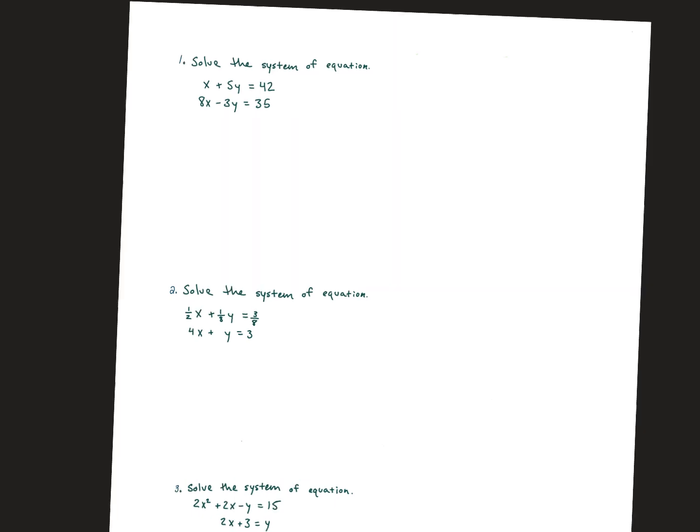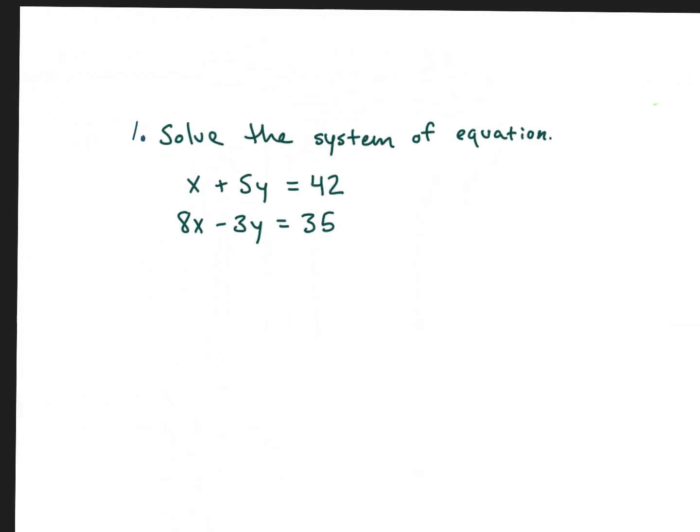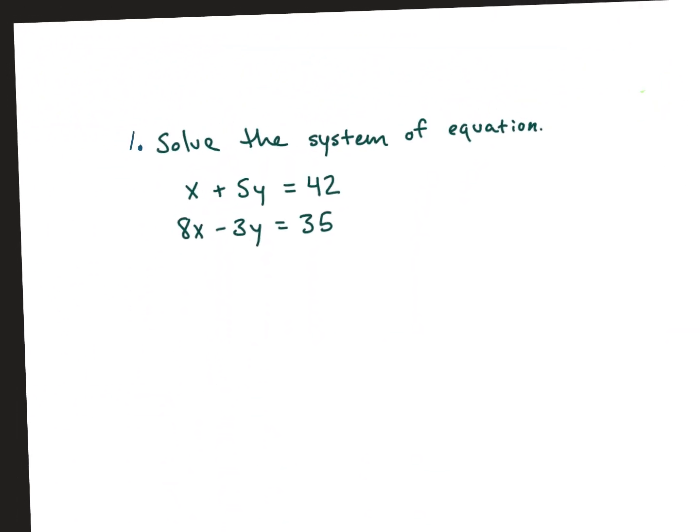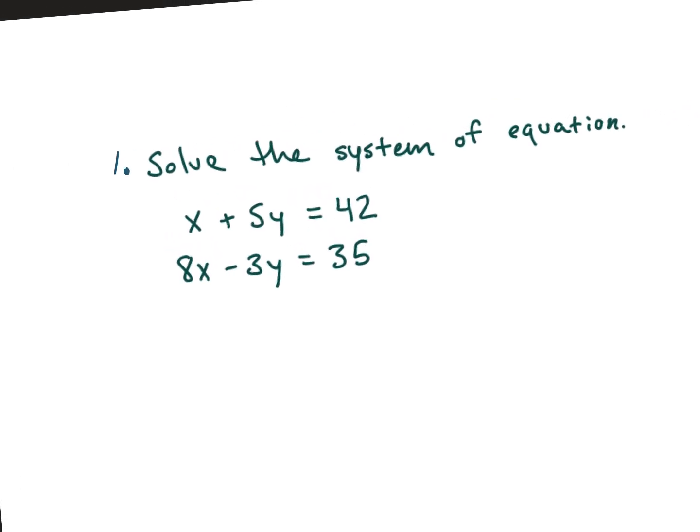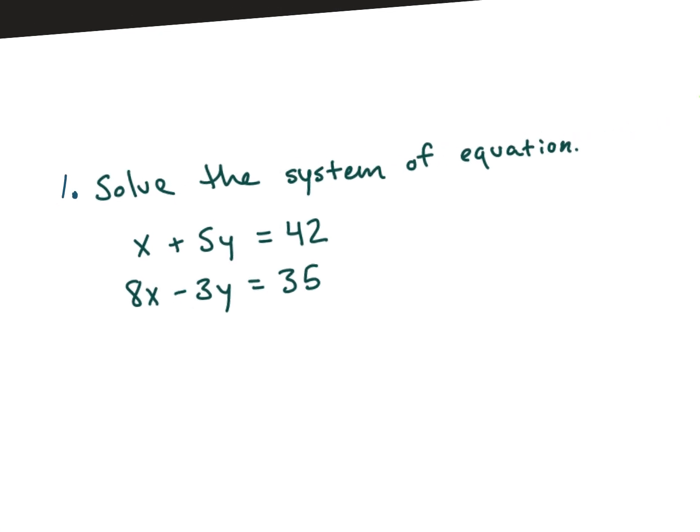But in a case like this, number 1, what is easier to do? To eliminate one variable or to solve for one variable and then plug it back in? Okay, any way you want to do, you guys can do this. I'll do this 2 different ways so you guys can see. Would it be easiest to solve the first equation for x? Okay, so you could rewrite this as x.